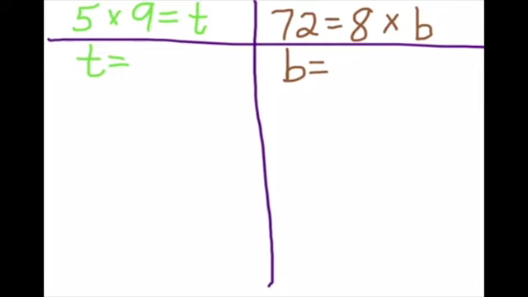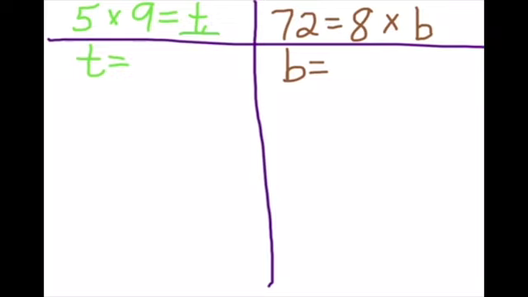All right, so I hope that you had a chance to find out what t and b equal in both of these problems. First, we have 5 times 9 equals t. So for this problem, you could have used any strategy really, because t is the product. And this time we just really need to know what the product is, right?